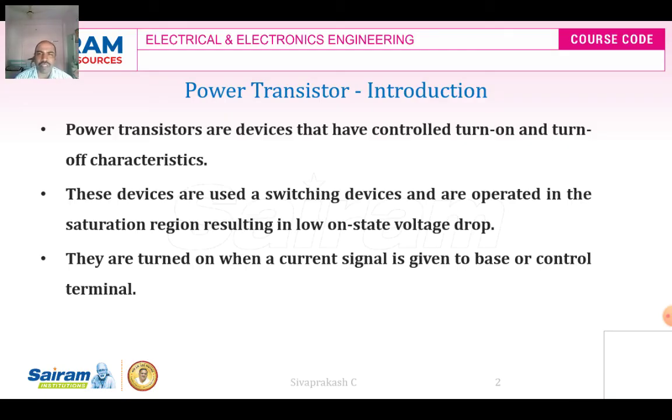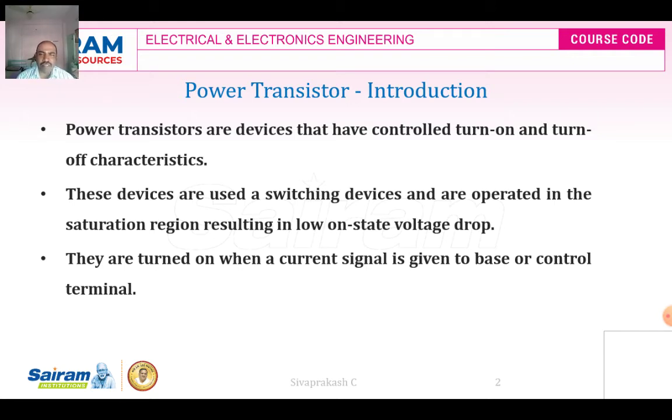Now we will concentrate on the power transistor. How is the power transistor different from the ordinary signal transistor? Dear students, the power transistor is similar to the ordinary signal transistor. The difference is in the structure and also in the applications.